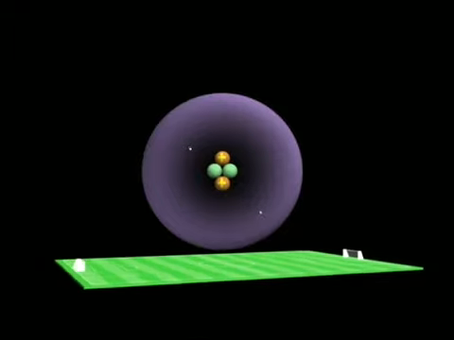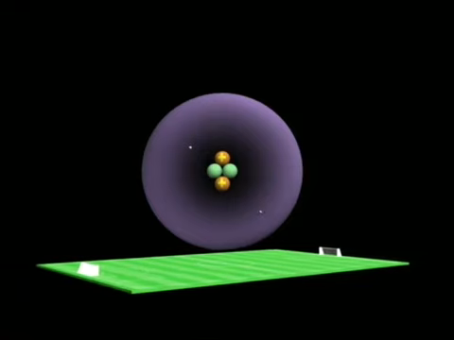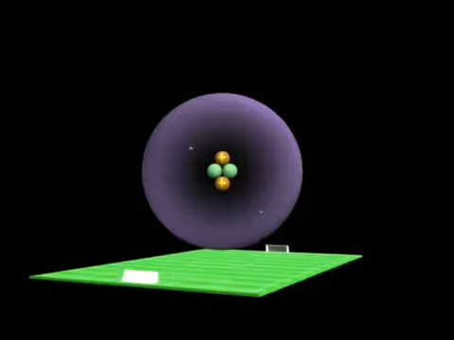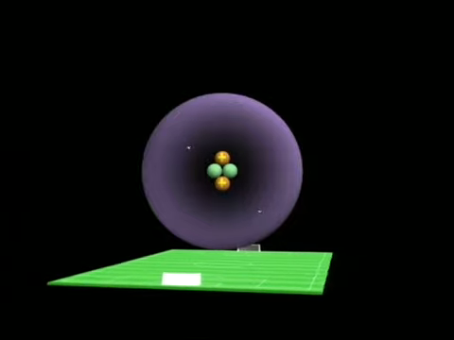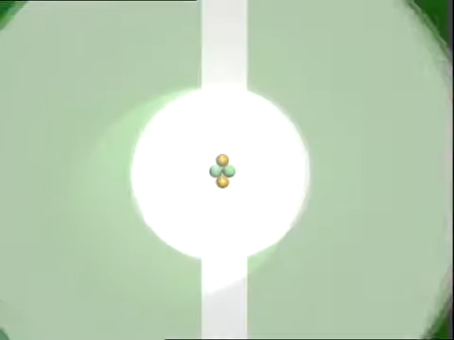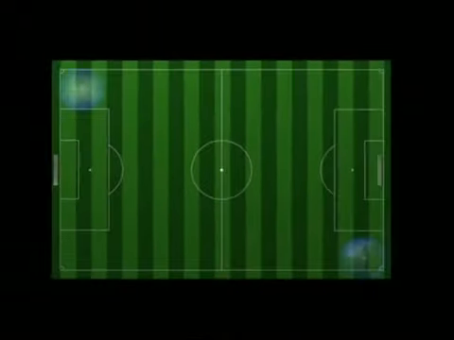We can use a metaphor to illustrate the structure of an atom. If an atom is like a football field, then the nucleus is like a pea in the center, and the electrons make up all the remaining part.